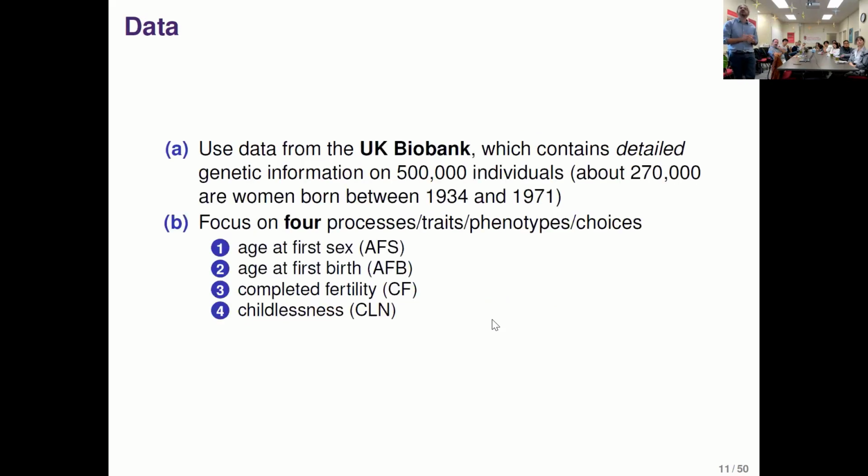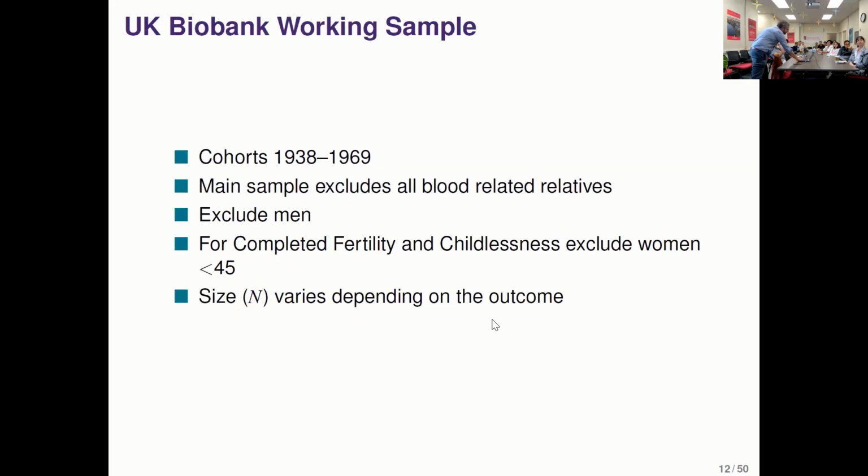As I said, I use the UK Biobank. It has genetic information on 500,000 individuals, about half of them women. We focus on age of first sex, age of first birth, complete infertility, and childlessness. About the measurement, we focus on the cohort born 1938 to 1969.